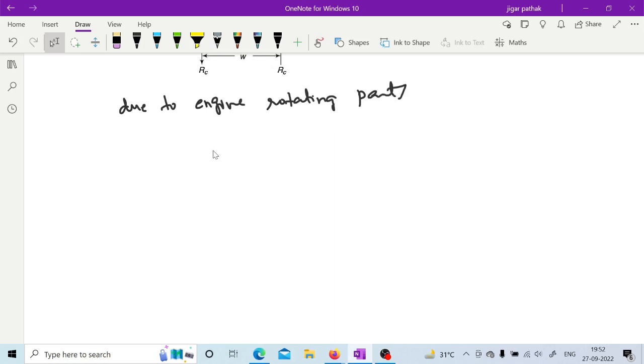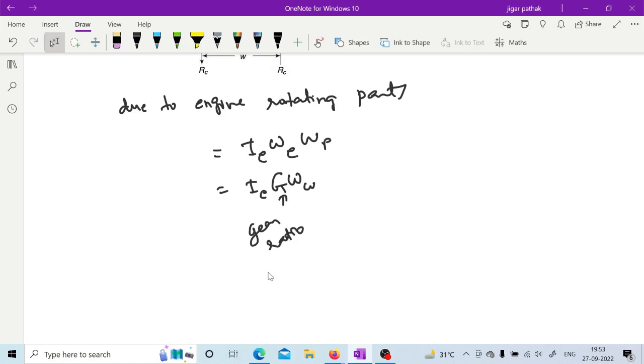Because of that you will have one more gyroscopic couple, that will be I_E omega E omega P. So those engine parts will have some mass moment of inertia. Then this omega E is the rotational speed of that engine element, which is related to the speed of the wheel with the gear ratio.